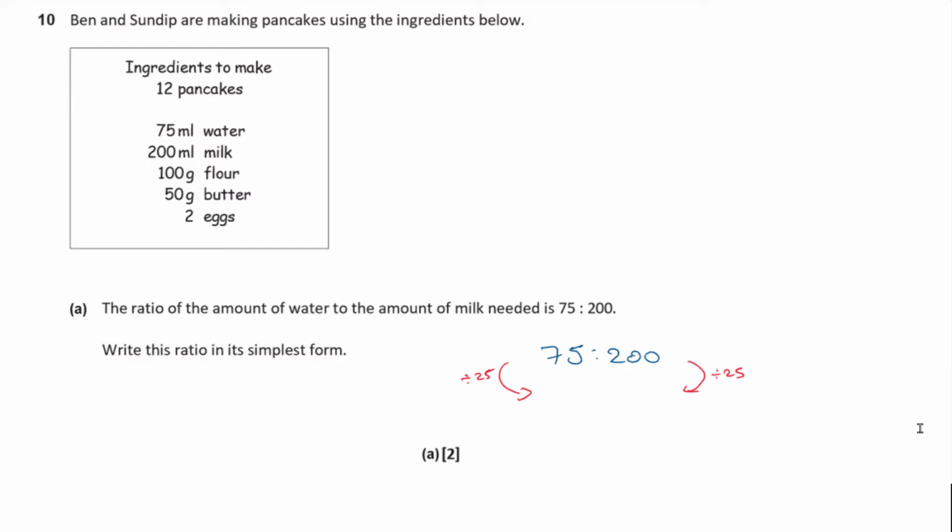But I could see that 75 had 25 in it, so I could do it straight away. So 25s into 75 go 3 times. You've got 4 25s in 100, so you're going to have 8 in 200. So that cancels down to 3 to 8. Okay, so I think that's in its simplest form. 3 is prime, and it doesn't go into 8, so 3 to 8 is our simplest form.